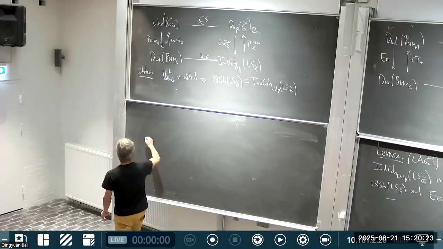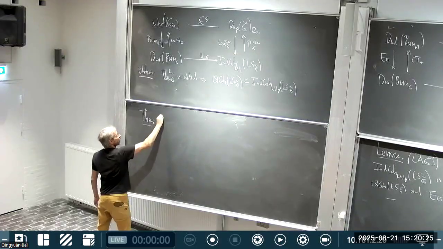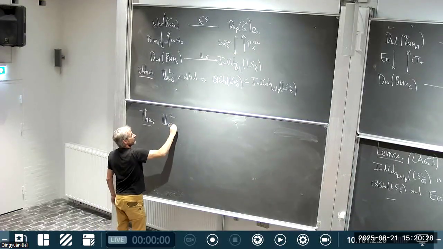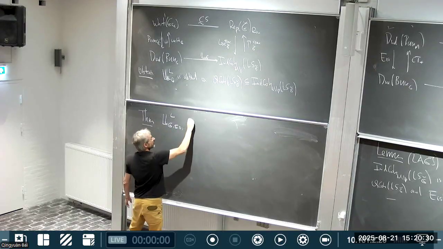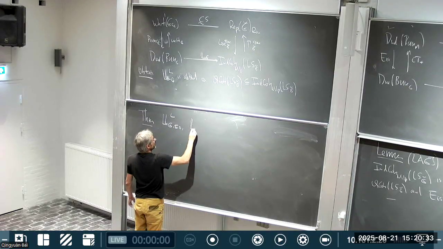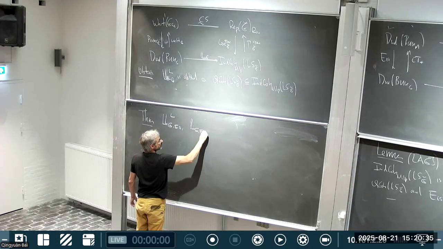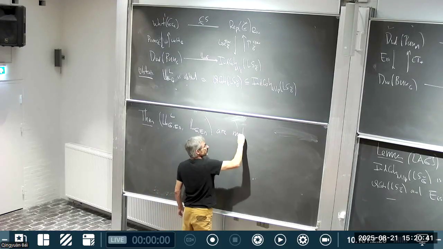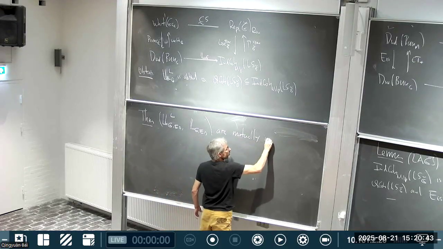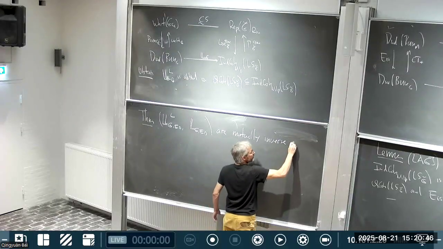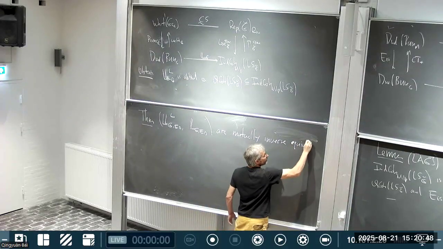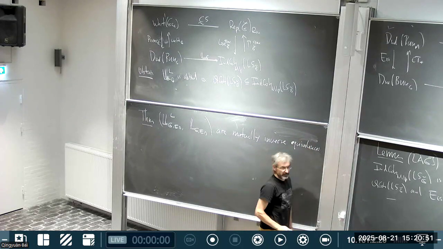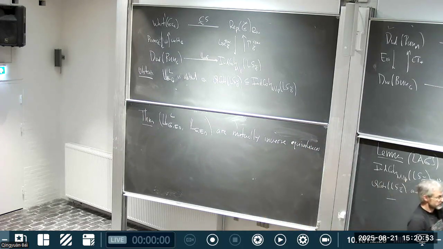So, theorem: L_G and L_G^L are mutually inverse equivalences. The big achievement of modern science will show that at least by adopting semi-simple rank, we'll see that these functors will be mutually inverse equivalences.